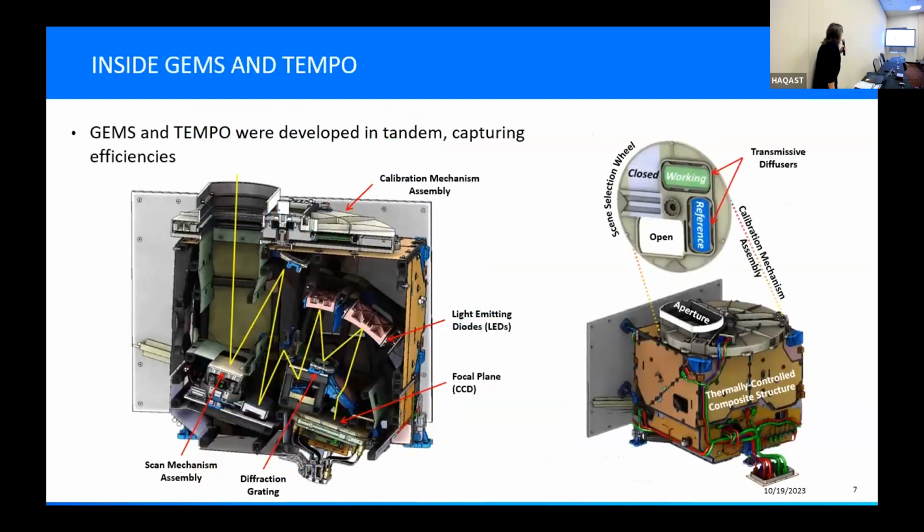I also want to show what the inside of these instruments looks like. Every instrument's a little bit different, but this shows the light path through the instrument, hitting that scan mechanism, and then there's a spectrometer. That's what splits the light into the different wavelengths used for the science. Another subsystem that I like to mention, but again, I'm not an expert in, is the calibration mechanism.